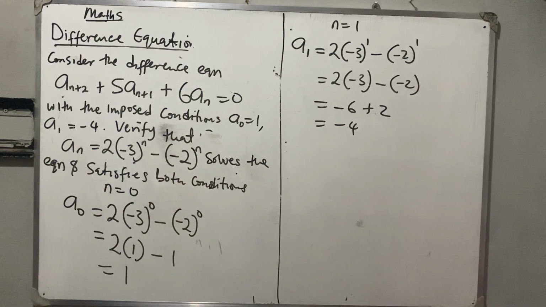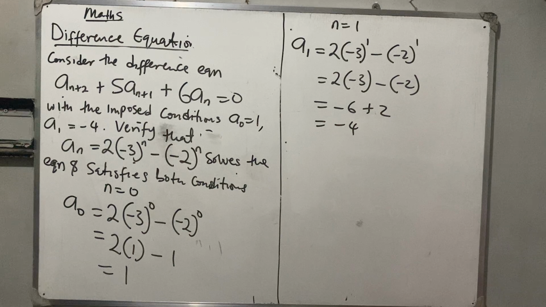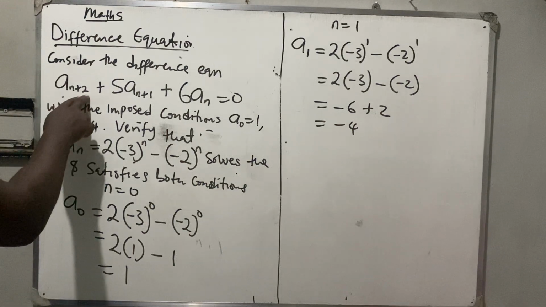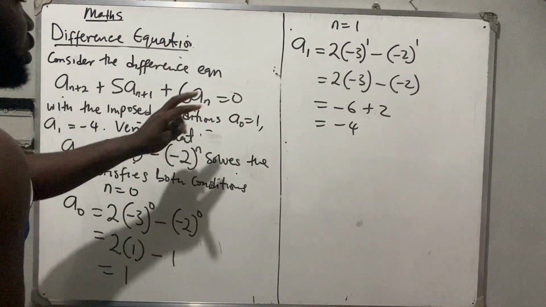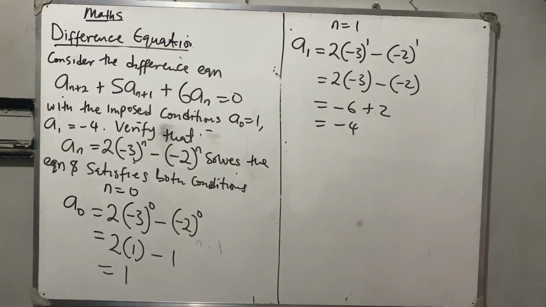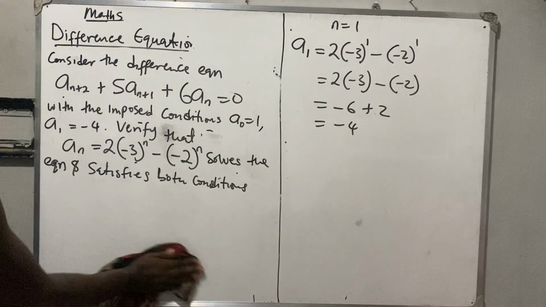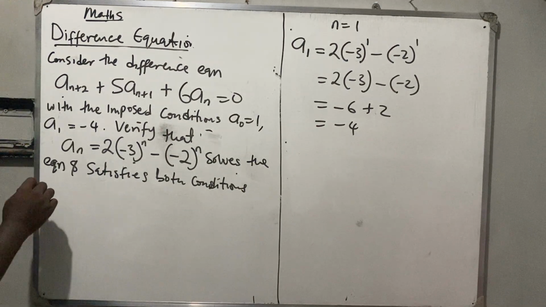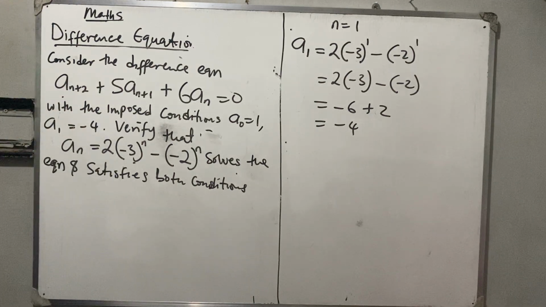The next one is to check if this solves this. So what we need to do is get our a n plus 1 and a n plus 2, then put them inside this equation to know if we are going to get the right hand side 0. So permit me to clean this one that I have already done. Let me substitute directly.